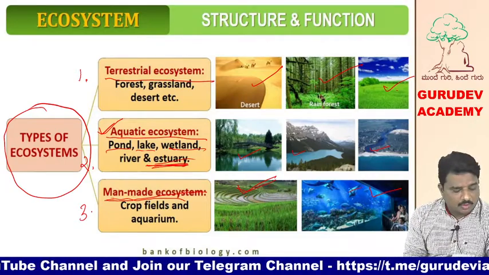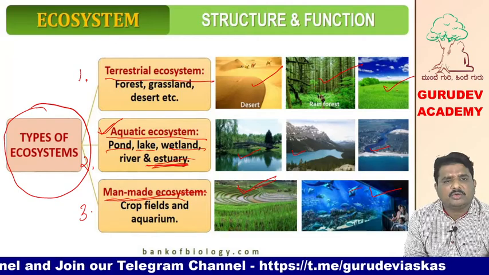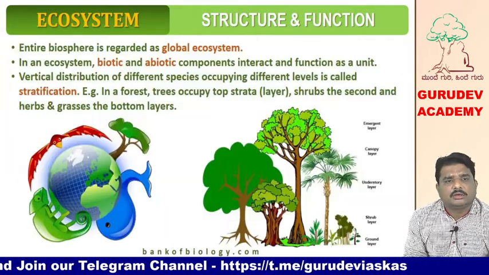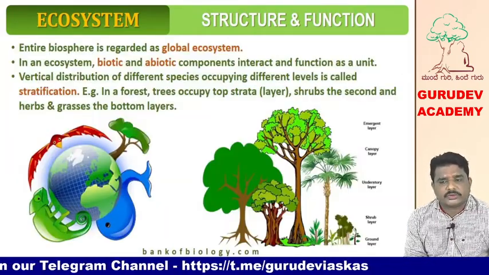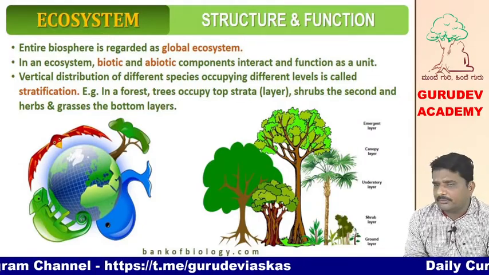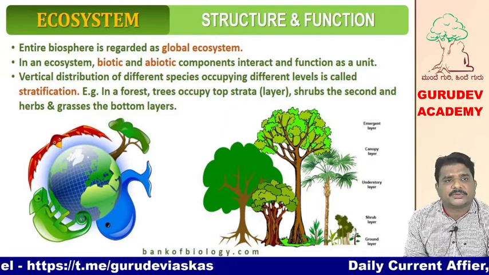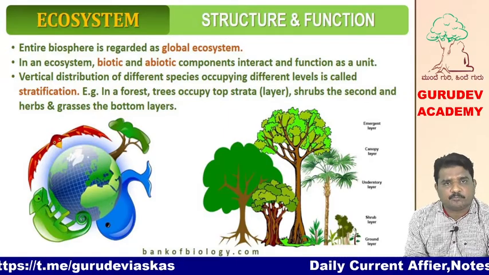Now, what is the next point we have to learn? In this topic, in the ecosystem, we have to learn about structure and function of ecosystem. Structure and function. That is the first point we have to study.